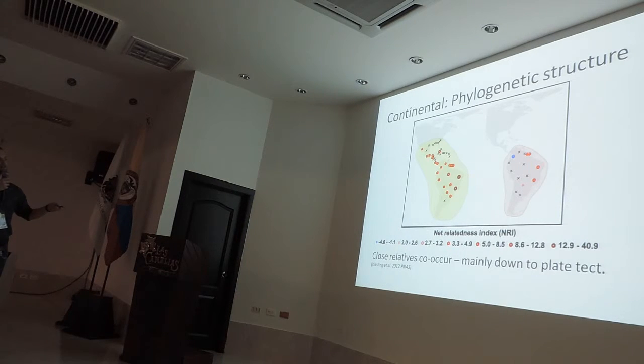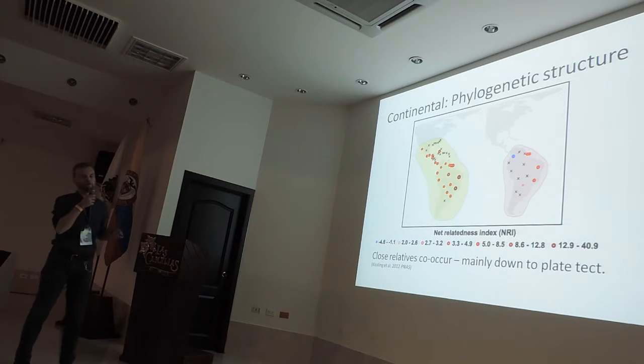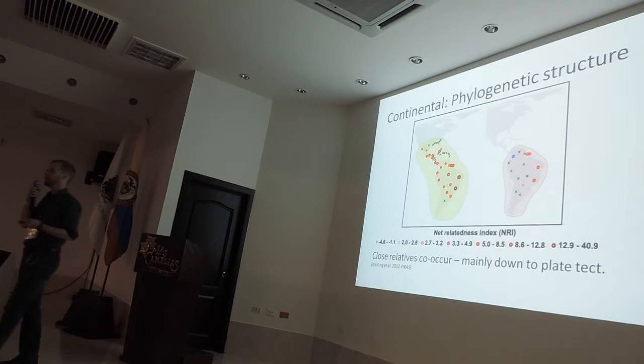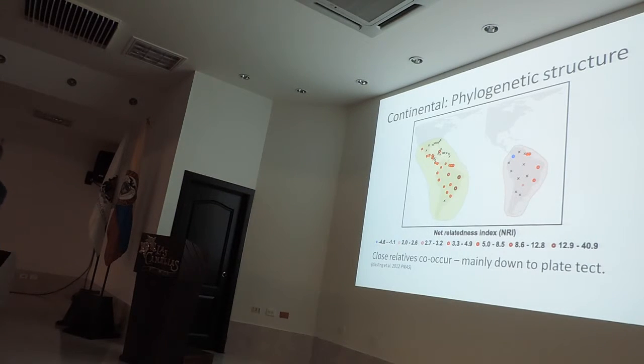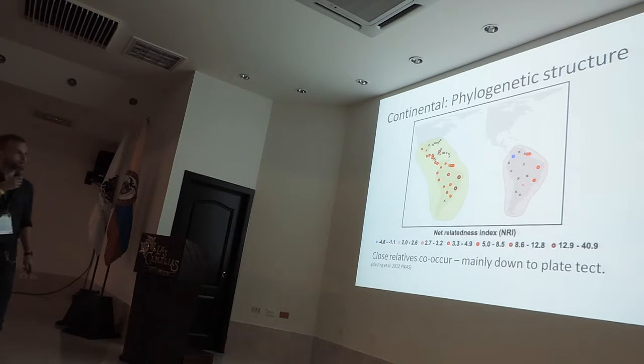When we decreased the scale just to South America, then we saw that this strong signal of phylogenetic clustering got way weaker, indicating that much of this signal is actually due to some clades being restricted to South America and other clades being restricted to the rest of the Neotropics, which is not really surprising. I mean, we know that those two regions have been separated for a pretty long time.